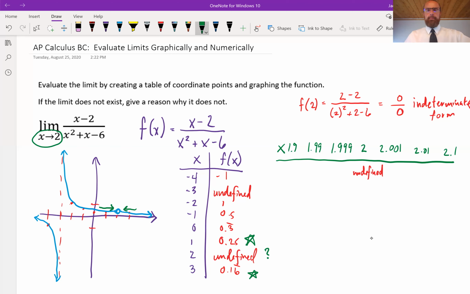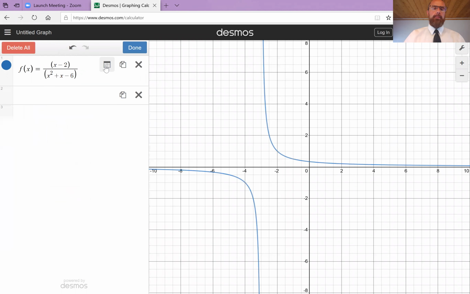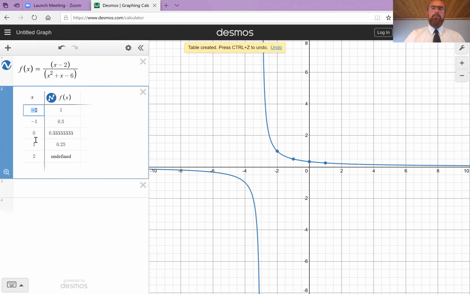So I want to fill out that table. Now we could do that manually, but we do have tools at the ready. So I'm going to head back to Desmos. I'm going to get rid of this table, and I want to create a fresh table. I'm going to put those values here instead of -2 through 2.